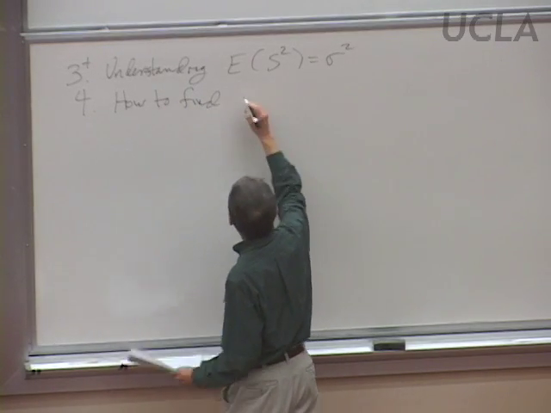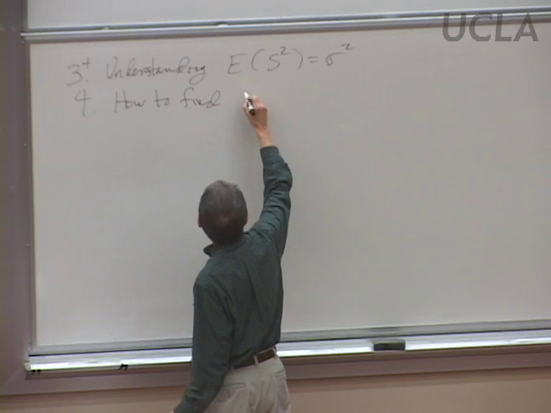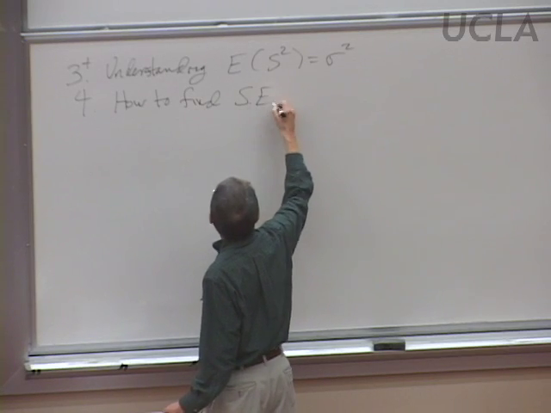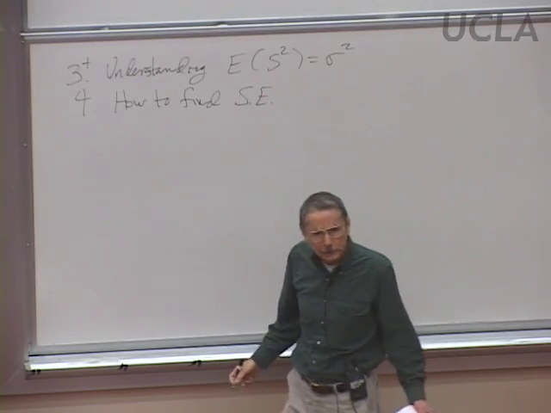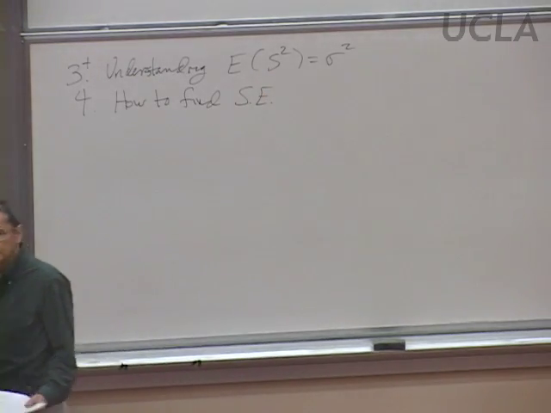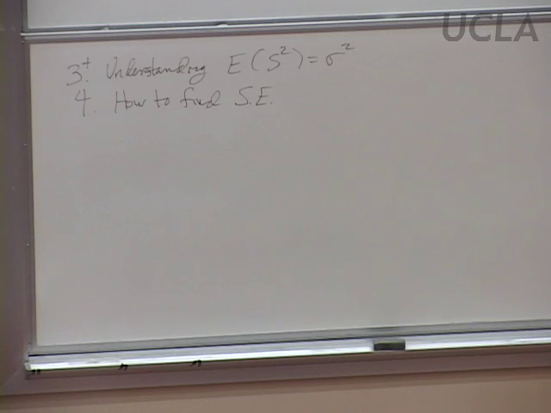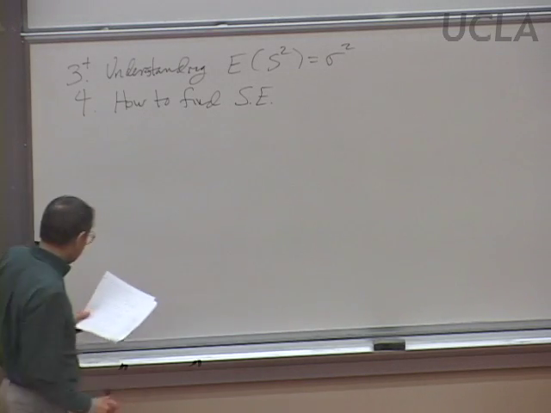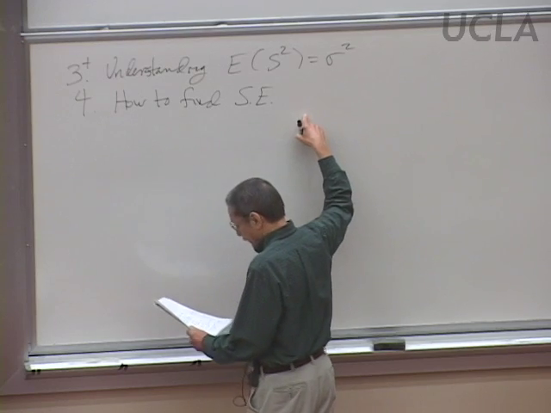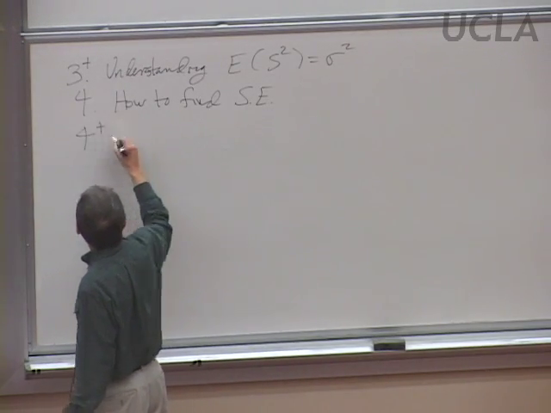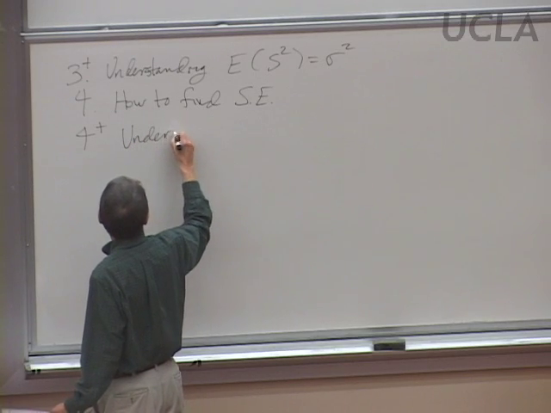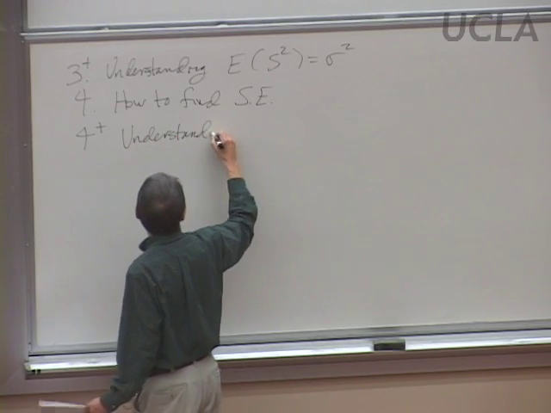And then if we divide by the square root of n, take the square root of S squared to get the sample standard deviation, we can get the standard error, and want to understand what that is.